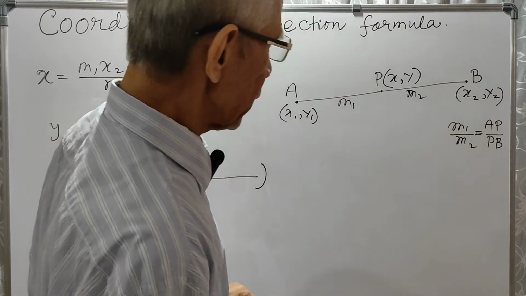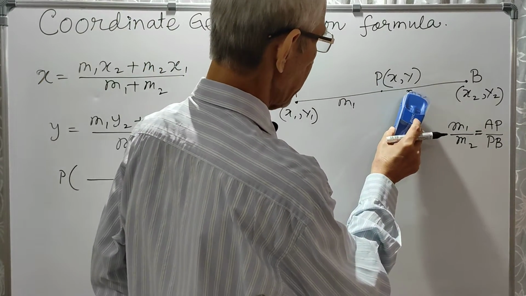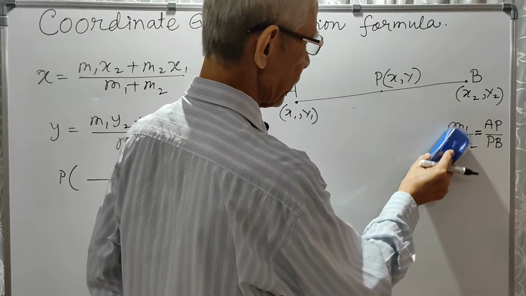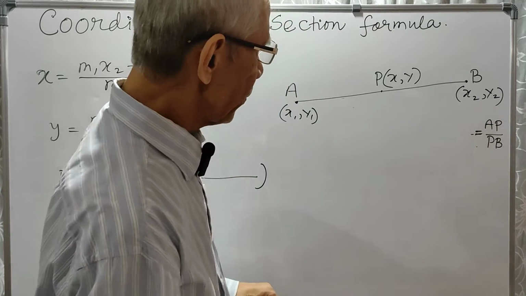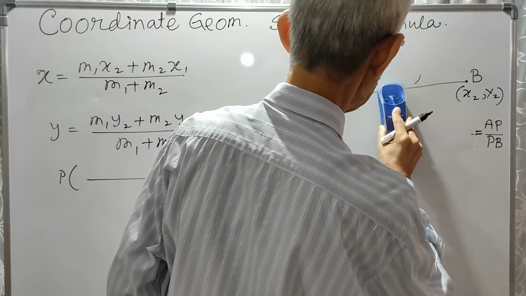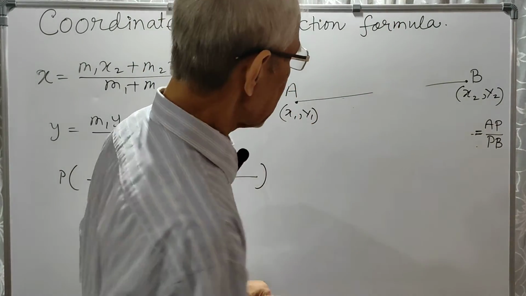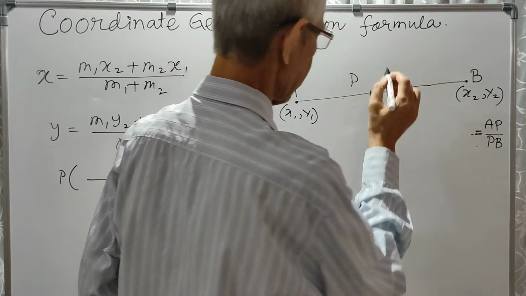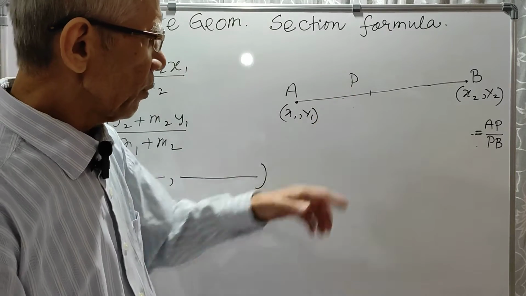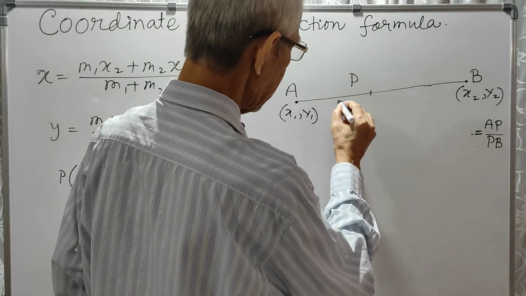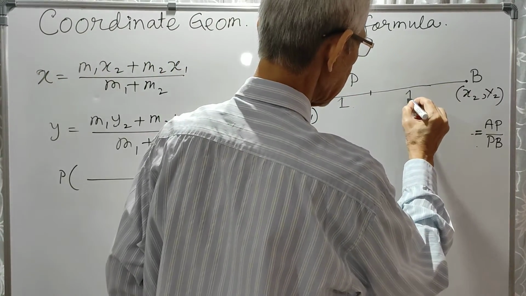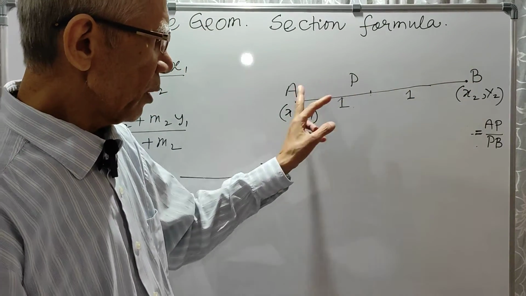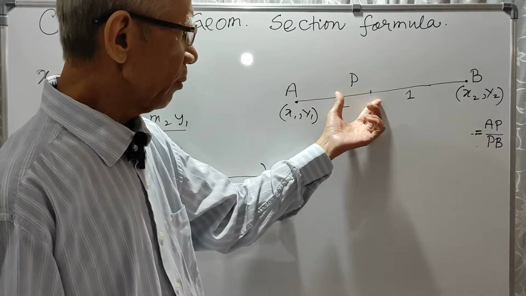Now, suppose this P is the midpoint. If P is the midpoint of AB, then AP will be equal to PB.